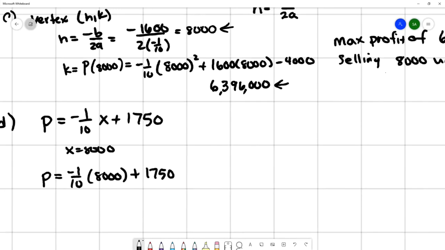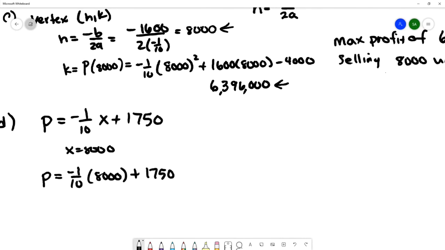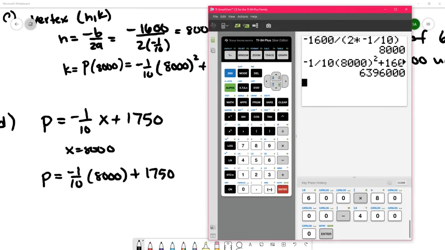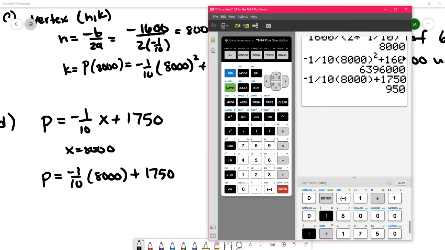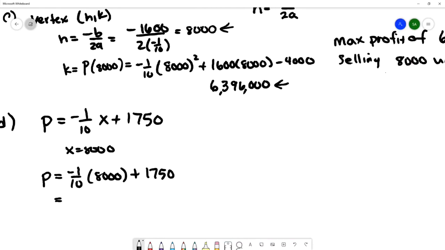We'll use our calculator again. And we have negative 1/10 times 8,000 plus 1,750. So we should charge $950 per unit to maximize the profit.